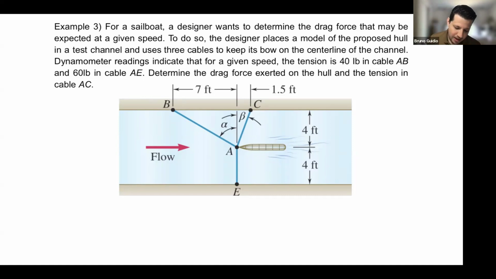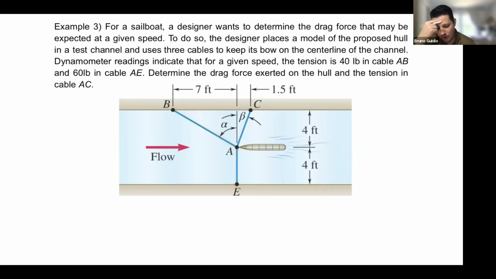The manometer readings indicate that for a given speed, the tension is 40 pounds in cable AB and 60 pounds in cable AE.